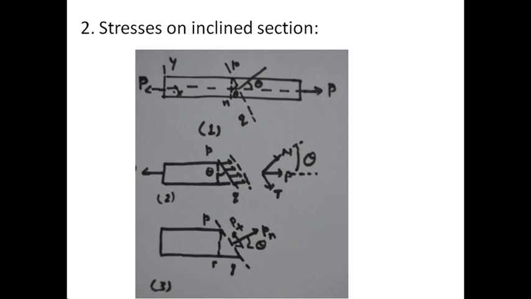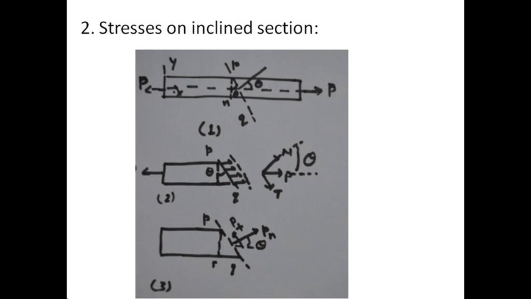This inclined section PQ is cut through the bar at an angle theta between the x-axis and the normal to the plane PQ. You can see it in the diagram. Since all parts of the bar have the same axial strain, the stresses acting on the section PQ are uniformly distributed, as shown in the figure.